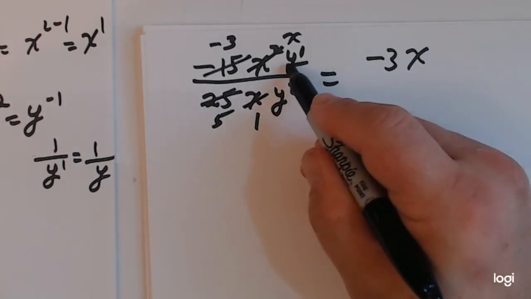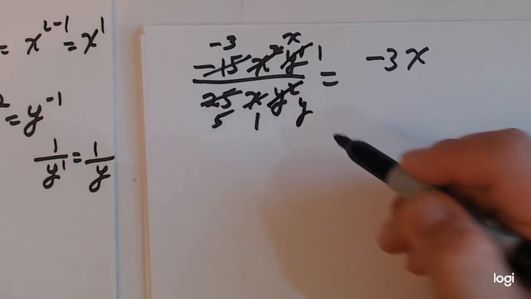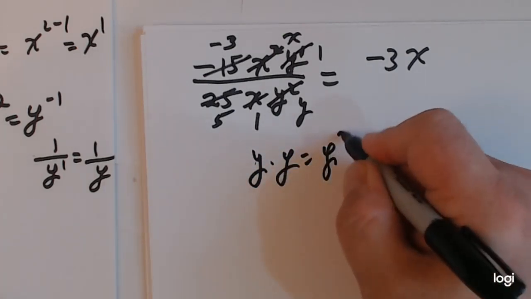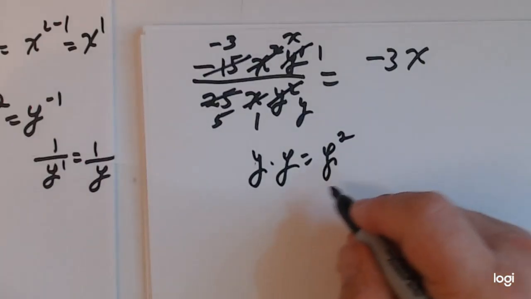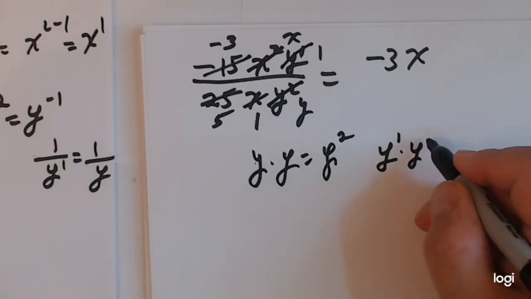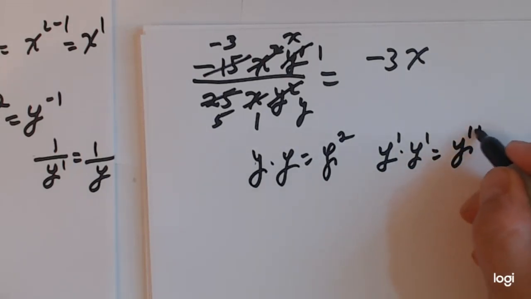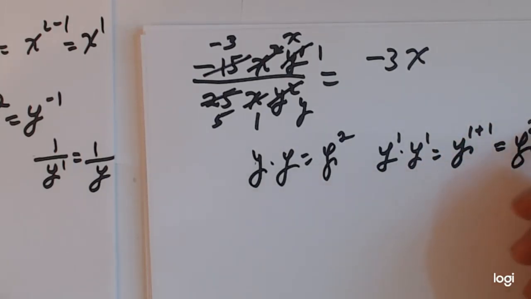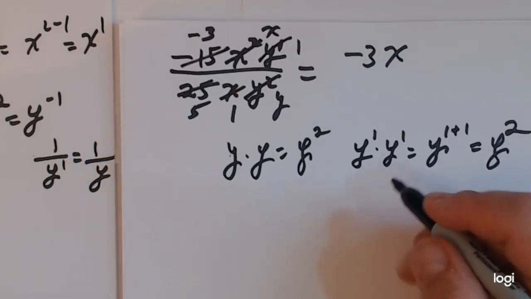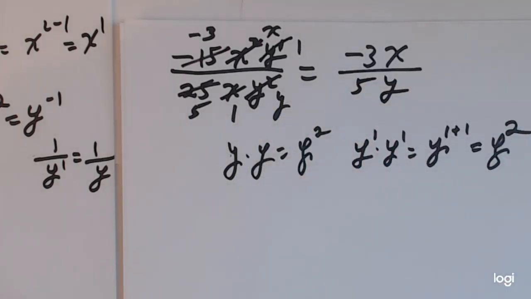So y goes into itself one time, and it goes into y squared y times, because y times y equals y squared. Or you can look at it this way, y times y, and we have the implied 1s for the exponents, is y to the 1 plus 1, which is y squared. So negative 3x over 5y.